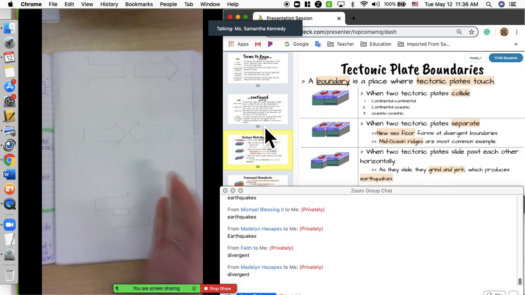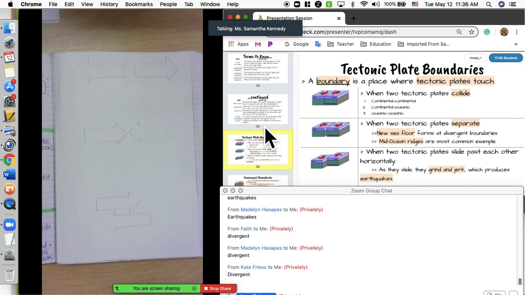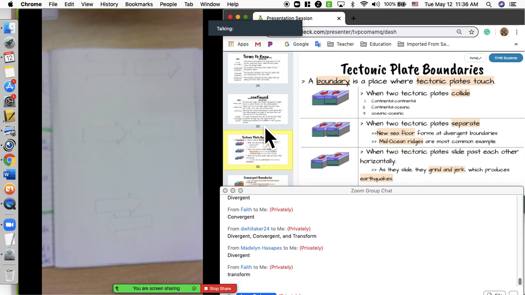It is not the same as the left side of your notebook. So we have 1, 2, and 3. I want you to put all of them, you can't press enter on Zoom. You just have to put commas.